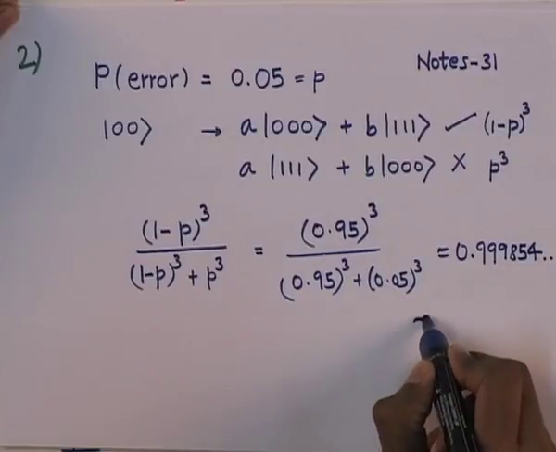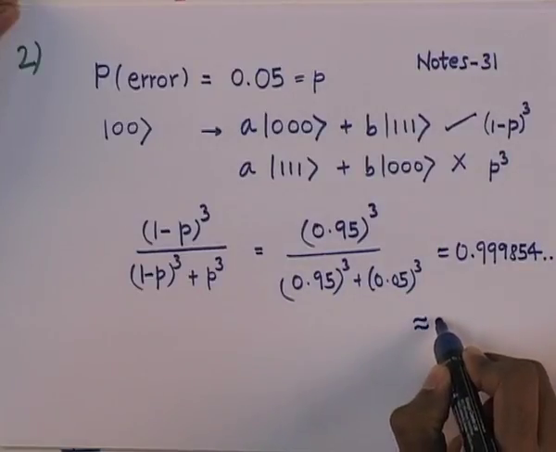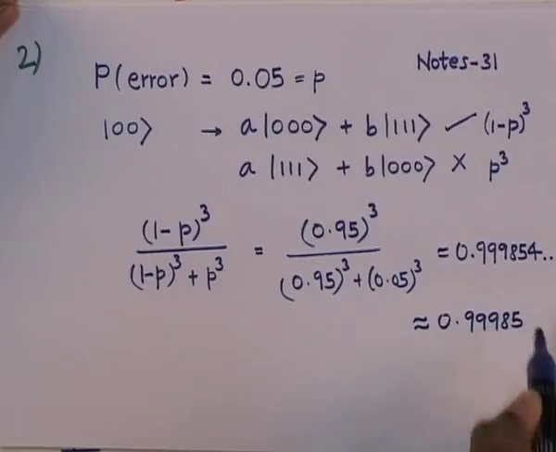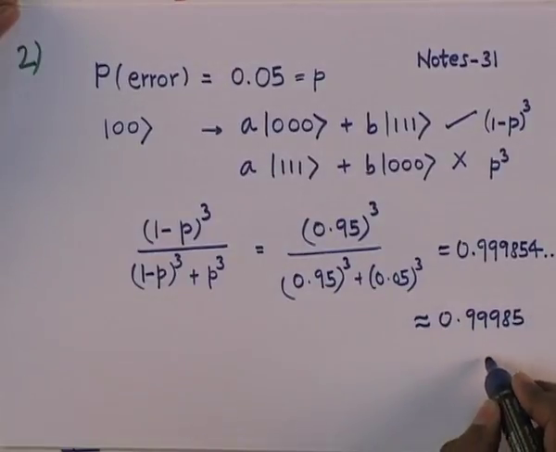From the given options, the nearest answer is 0.99985. So the correct option is C.